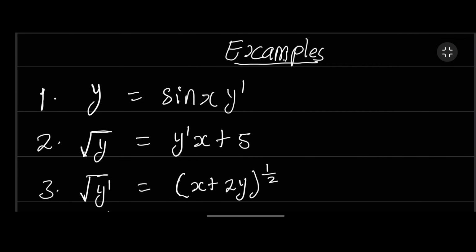Example 1 says y is equal to sine of x, y prime. Let's check whether there are exponents of y and y prime that are not 1. There is nothing like that. y has an exponent of 1 and y prime also has an exponent of 1, so we are safe.